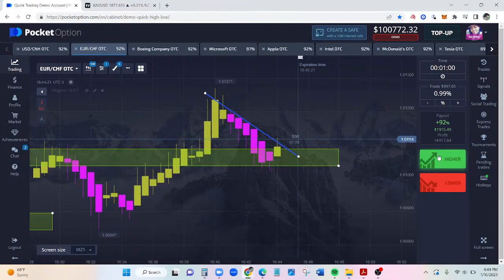I got like 10 seconds left on this trade. Just thinking about it.